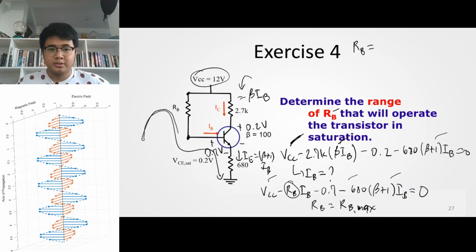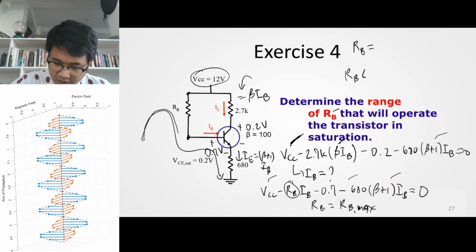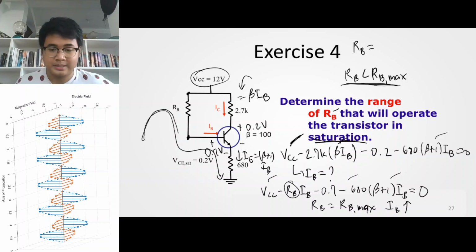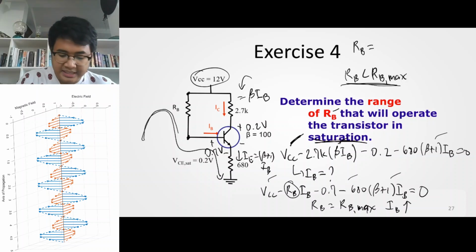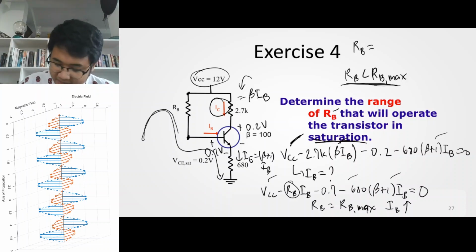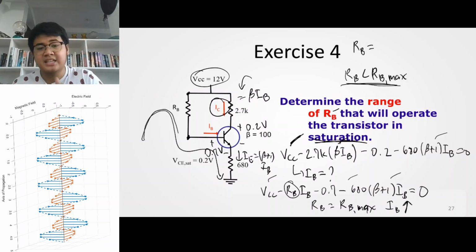So you just reduce RB. If RB is less than RB max, you're guaranteed here that the transistor will operate in the saturation region. If RB is less than RB max, then IB would increase. Since IB increases, if we're in the forward active region, IC increases.